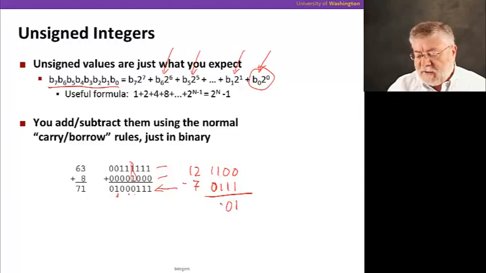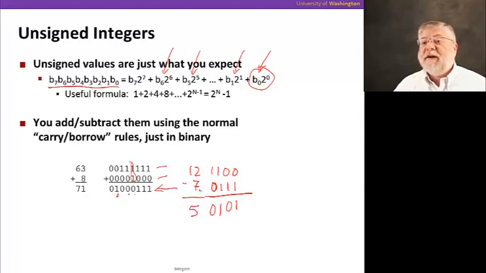A 0 minus 1 is a 1 again, without, we leave this as a 0, so the result is 0, 1, 0, 1, which is in fact equal to the number 5, what we'd expect. Okay, so that's the basics of addition and subtraction in binary.